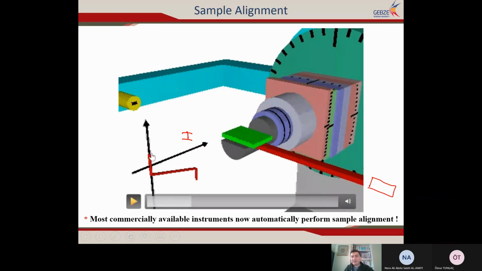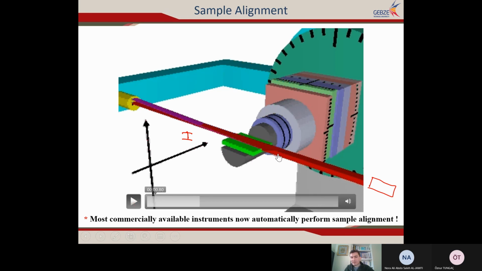Now intensity is 0 because we cut the whole beam coming from the X-ray source, so no X-ray can reach the active area of the detector. But half intensity is required. Now we have the half intensity. We have just cut half of the intensity, and then I have to look whether the surface of the sample is perfectly parallel to the X-ray beam or not.